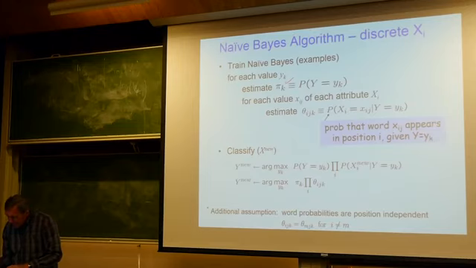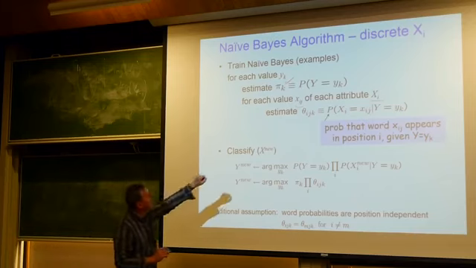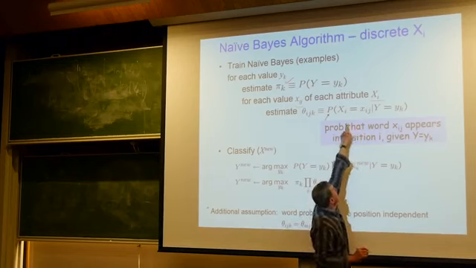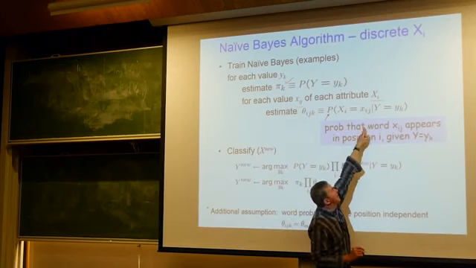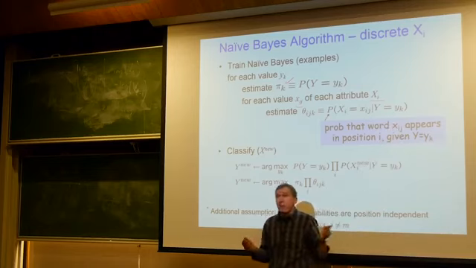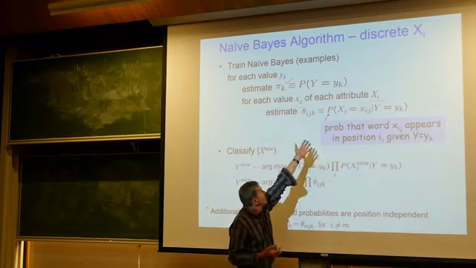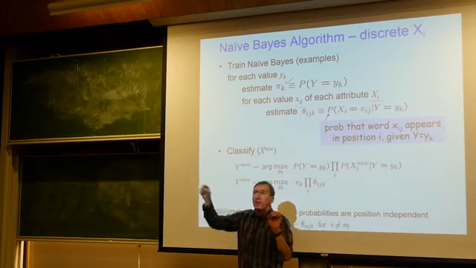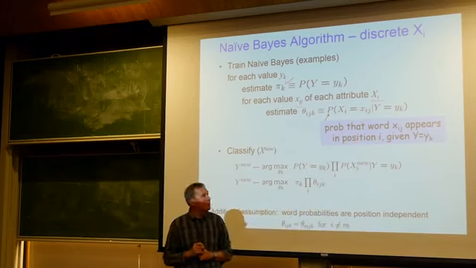And for each value of each attribute, we need to estimate the probability that the random variable X sub i will take on its jth value, given that Y takes on its kth value. In this case, Y can be 1 or 0. J can be, well, there are 50,000 different values that X sub i can take on.